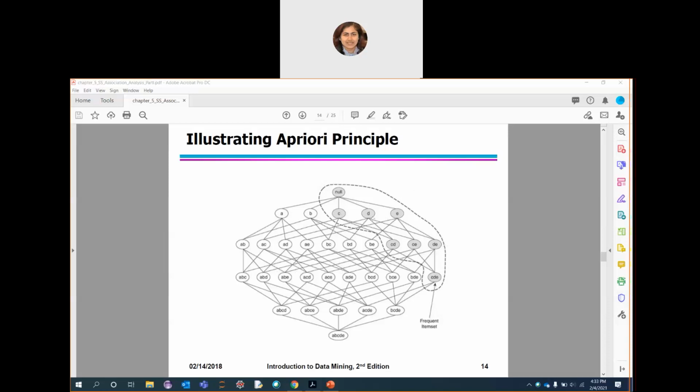Clearly any transaction that contains CDE also contains C, D, E individually, and every subset such as CD, CE, DE. So as a result, if CDE is frequent, then all subsets of CDE will also be frequent. So this whole part is considered frequent and will be considered for candidate generation.